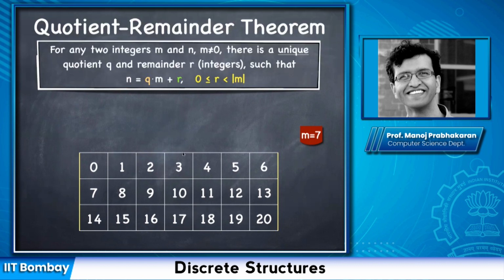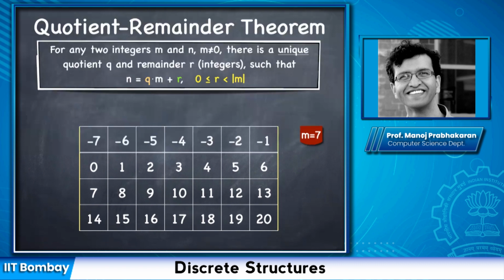So the remainder doesn't change, the quotient goes down by 1. So that's how the inductive argument proceeded. So the remainder will be given by whichever column you're falling on, that never changes, and the quotient is decided by the row you fall in.